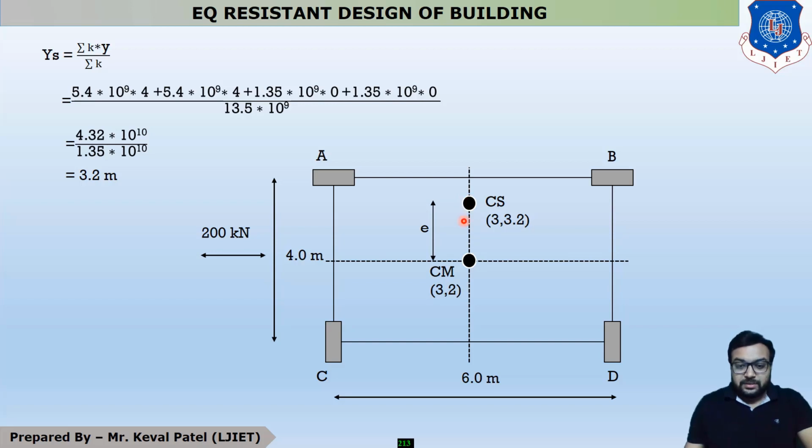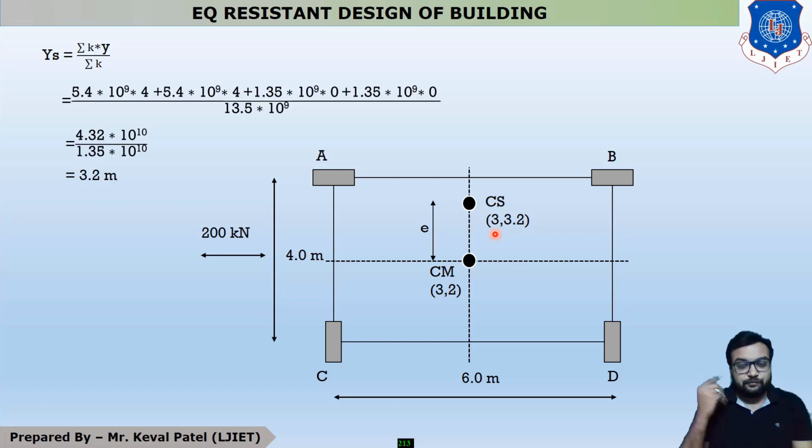Your center of mass and center of stiffness x coordinates remain at the same point. You can see that this is 3. The x coordinate for the center of mass is 3 meters and for the center of stiffness is 3 meters, so your building or system is symmetric about the x axis.